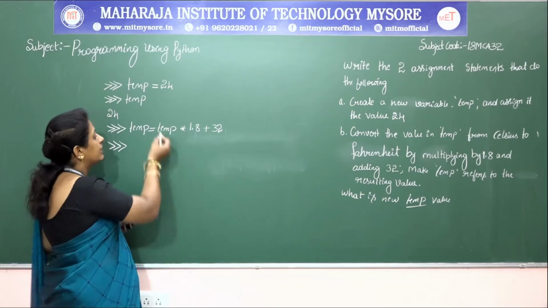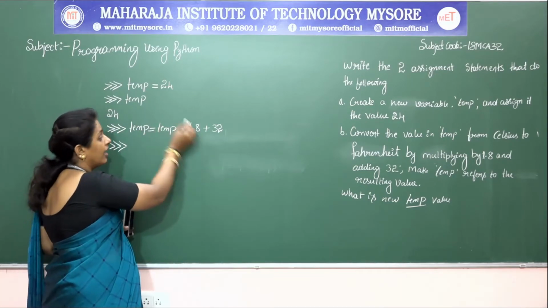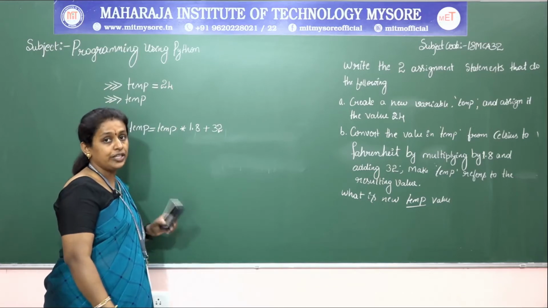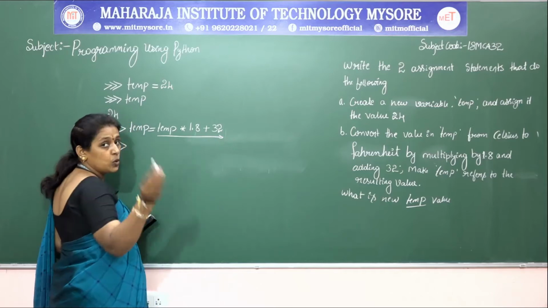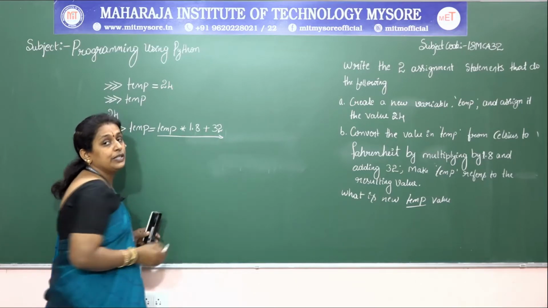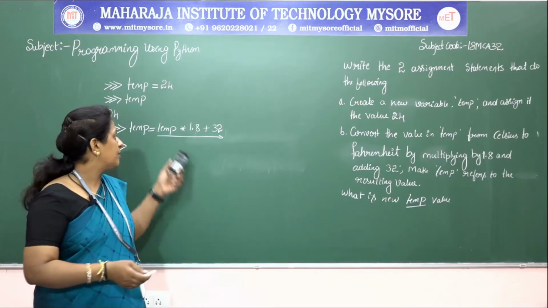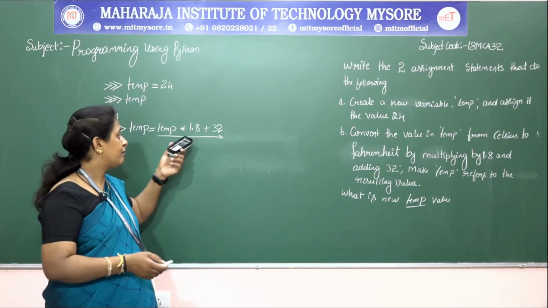When an expression is evaluated, the right-hand side of the equal sign gets executed first. In this statement we have two operators, multiplication and addition. With respect to precedence, multiplication has the highest precedence, so it is evaluated first.